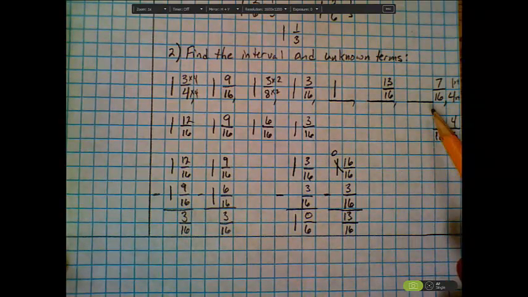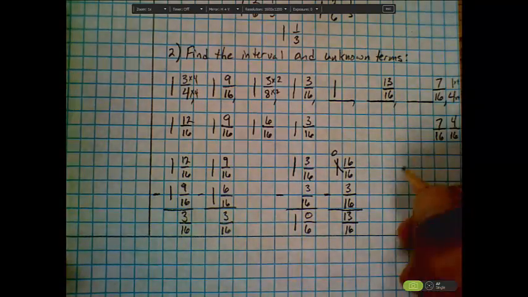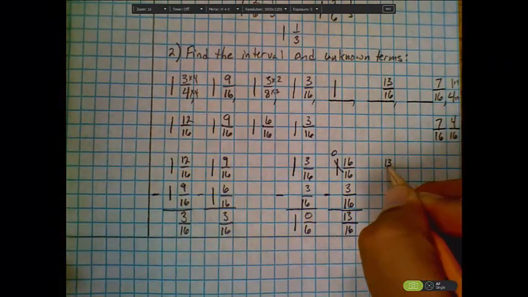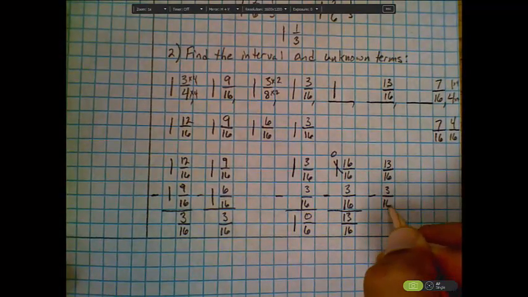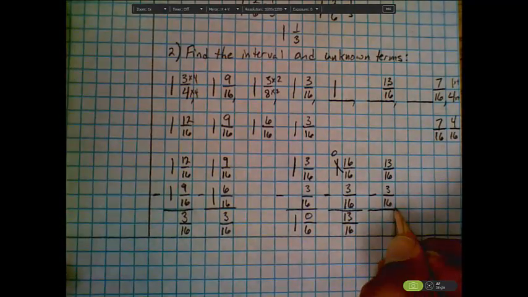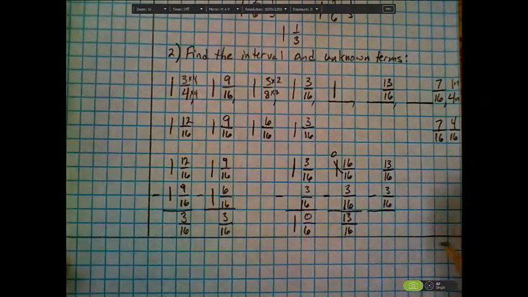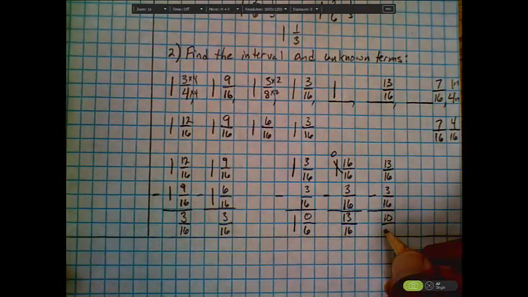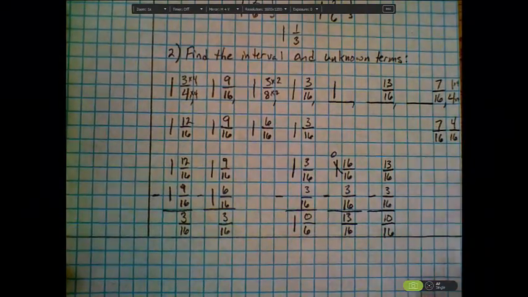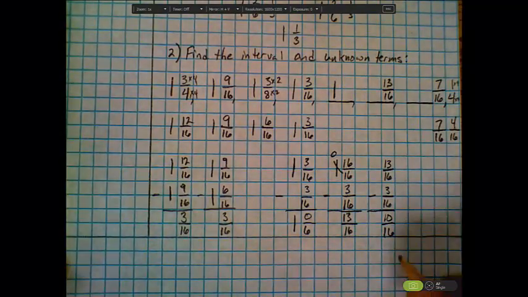So now we have one more unknown term that we have to find. So we're going to take our 13/16 and we're going to subtract our 3/16. That is our interval. 13 minus 3 is 10. Keep our 16, which is our denominator. And then we notice that we can simplify.